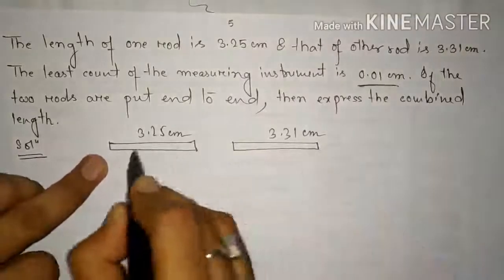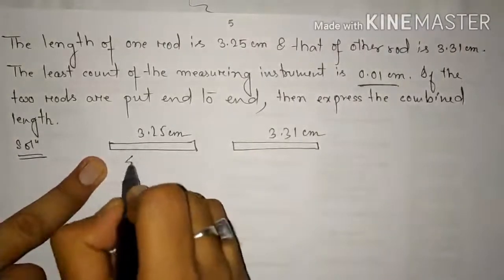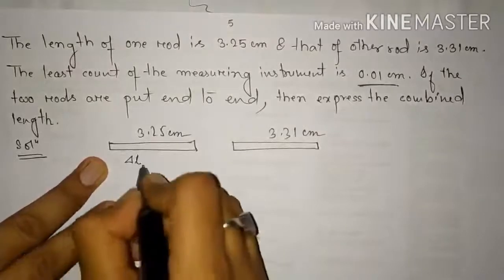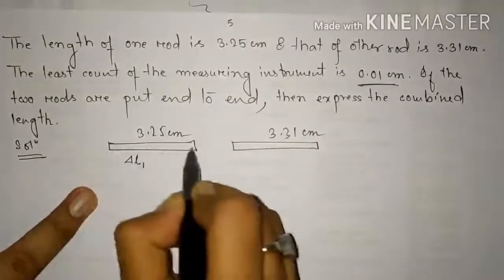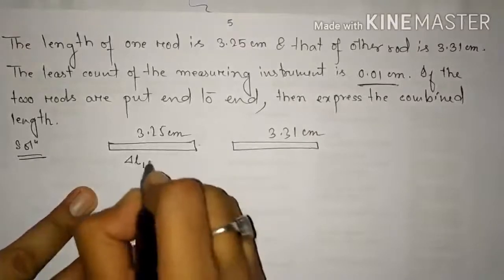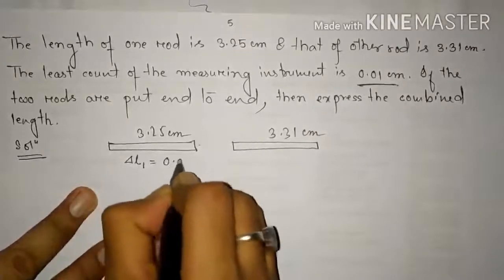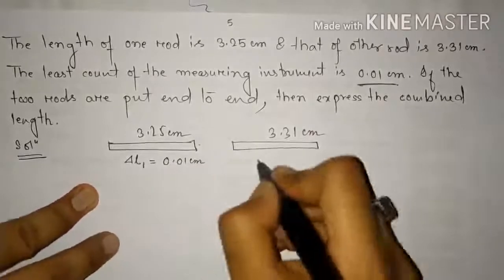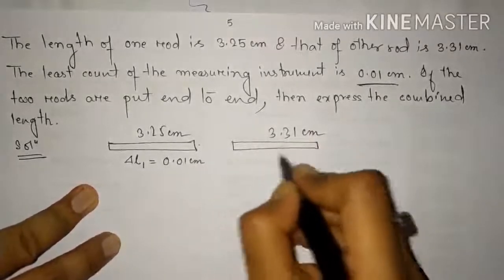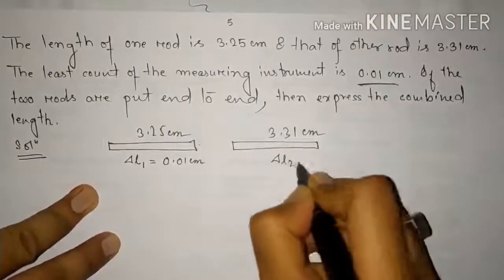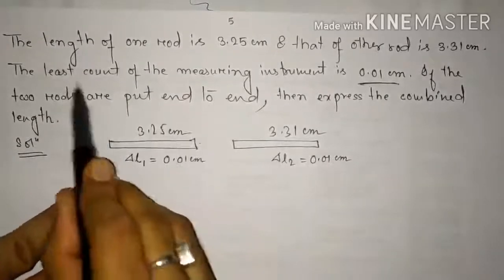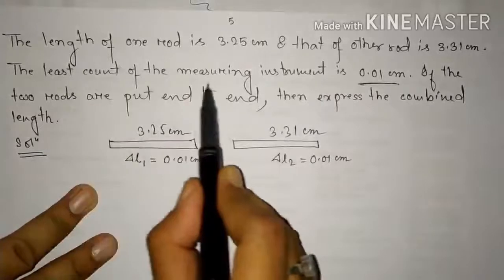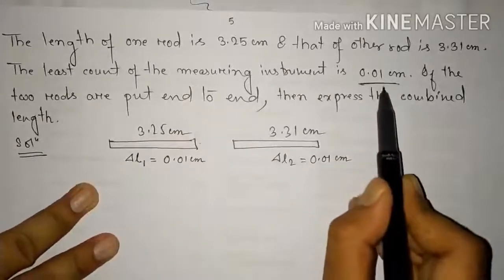That means when the length of this one was measured, say the error in the measurement of length of this rod, I call delta L1, it will be 0.01 centimeter. Say I represent the error in the measurement of length of this rod by delta L2, then this will also be 0.01 centimeter. Because in the question itself it is said the least count of the measuring instrument is 0.01 centimeter.